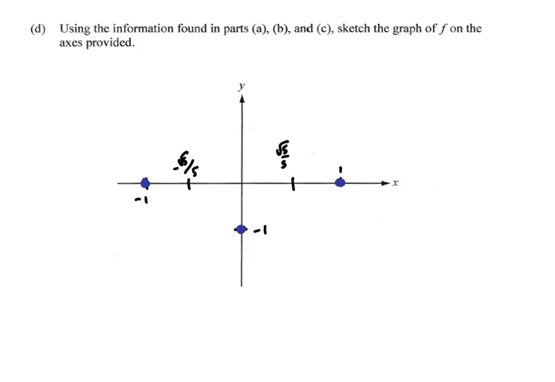Now we know that the function has a stationary point at x equals -1. It's decreasing up to that point, with a horizontal tangent at that point, and then continues to decrease all the way down to x equals 0, sorry.